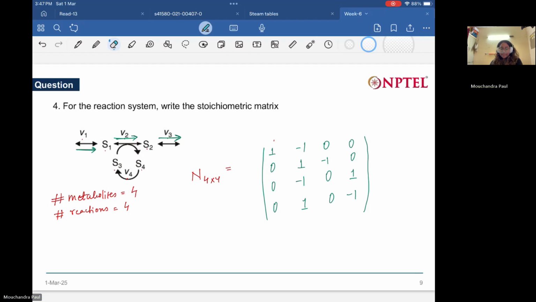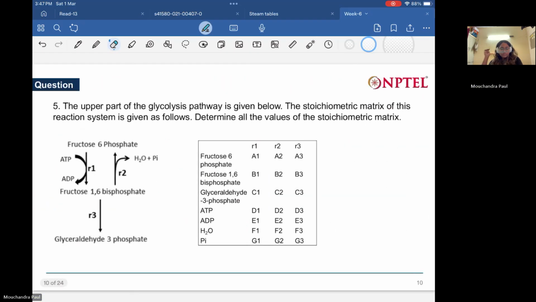All right. So here is another question, or the last question on this topic. You are given again the upper part of the glycolysis pathway. The stoichiometric matrix for this particular reaction scheme is given. You have to basically fill up the values of A1, A2, A3.